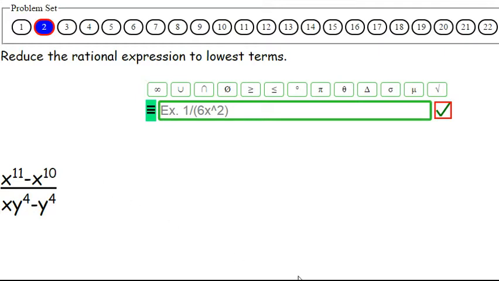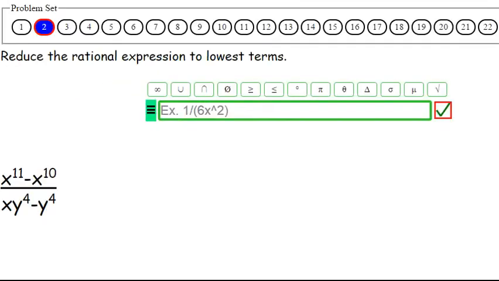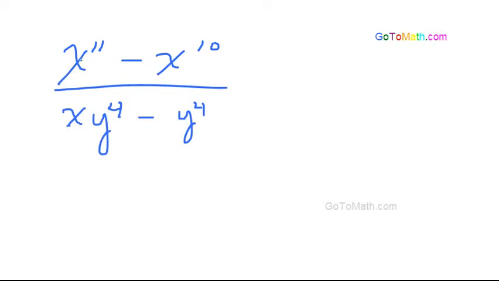Okay, let's see what we got going on here with this problem. It's x to the 11th minus x to the 10th, and it's all over x y to the 4th minus y, looks like y to the 4th again. Let me make sure about that. Yeah. Okay, so let's pull something out of our hat here. After a while, you'll be able to just look at this.